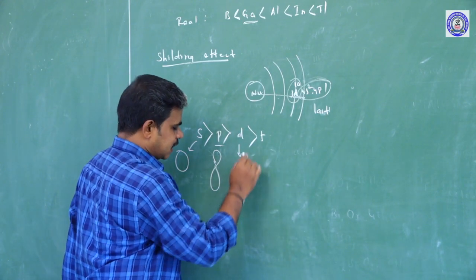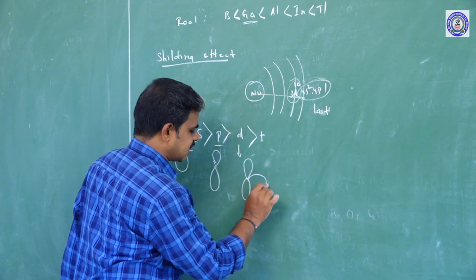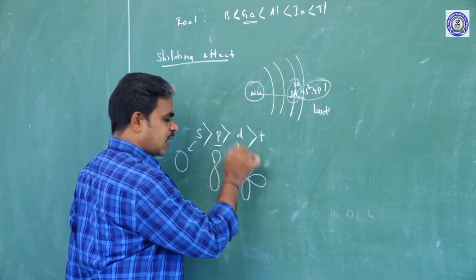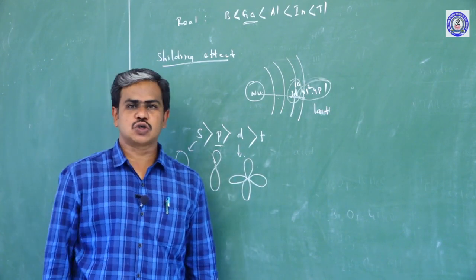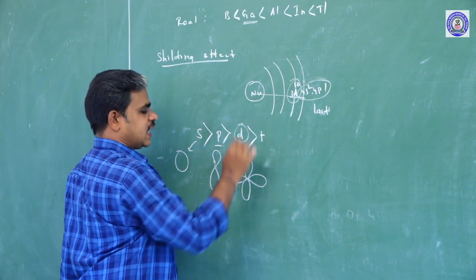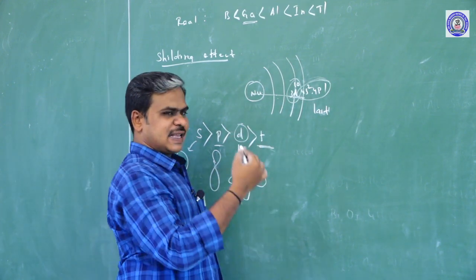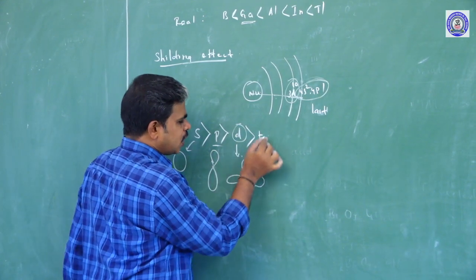And d orbital is a clover leaf shape, so most of the nuclear charge passes through the d orbital, so it has poor shielding effect. And f orbital is a diffused shape, so it has very poor shielding effect.